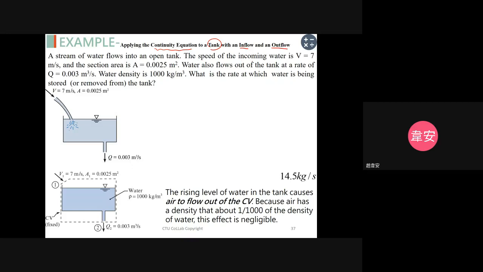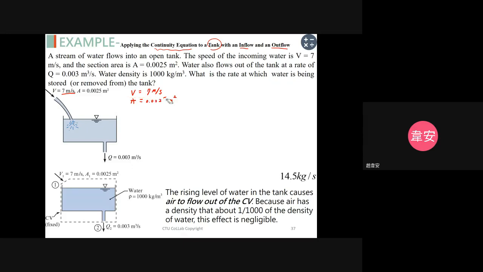We have the incoming water, the flow velocity is 7 meters per second. This is for the inflow, and the cross-section area is 0.0025 square meters.